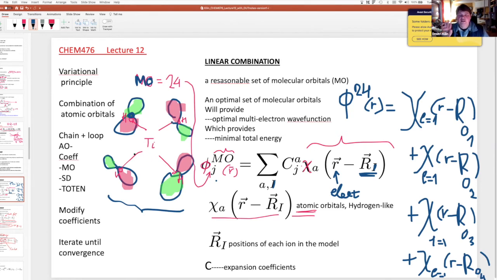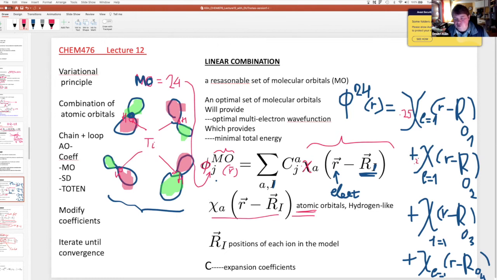4 atomic p orbitals are composed together to build one molecular orbital, right? And to avoid ambiguity, one needs to have some coefficients, maybe like 0.25, 0.25, 0.25.